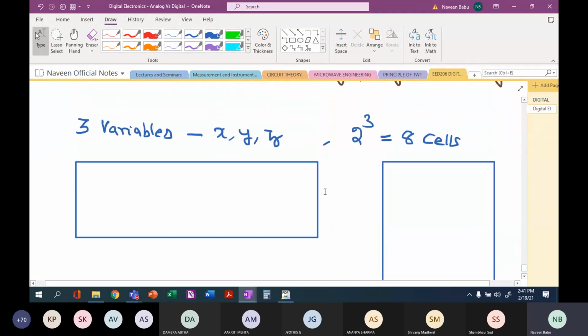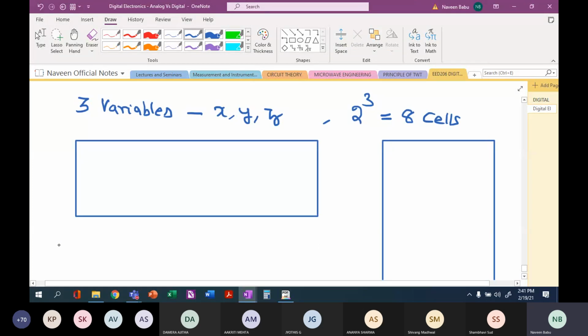The three variables are x, y, z. You can group x and y together, with z row wise and xy column wise, or you can choose y and z together so that y and z will be column wise and x can be row wise. Any way is possible. Either you split x on one side and yz on the other side, or xy on one side and z on the other side.